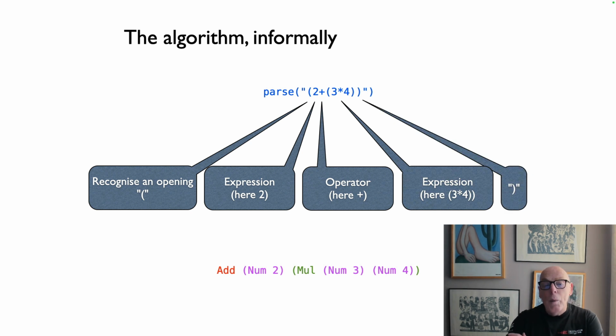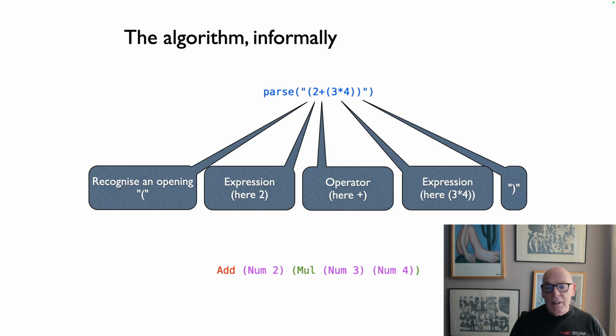So we know what we have to look for in parsing things like this is a sequence: find an opening parenthesis, find an expression, find an operator, find another expression, and find a closing parenthesis. So you can see this is going to be a recursive algorithm. In looking for an expression, we look for 2 sub-expressions as we go along.